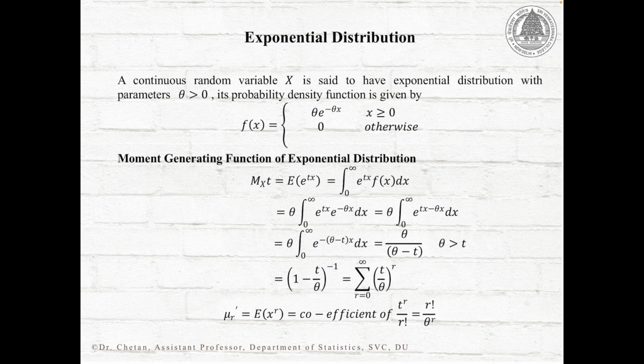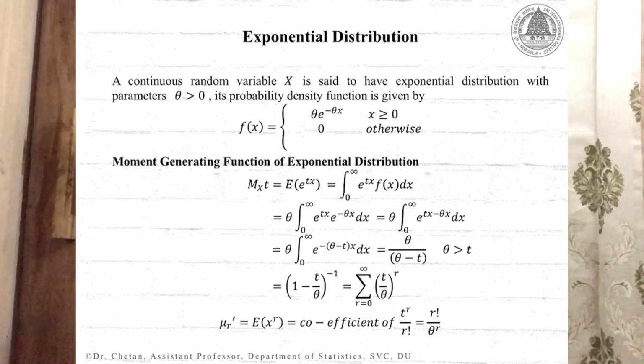We know that M of x of t is equal to the expected value of e raised to the power tx. After getting the moment generating function of an exponential distribution, our aim is to find the different moments, or in general we will calculate the rth moment.